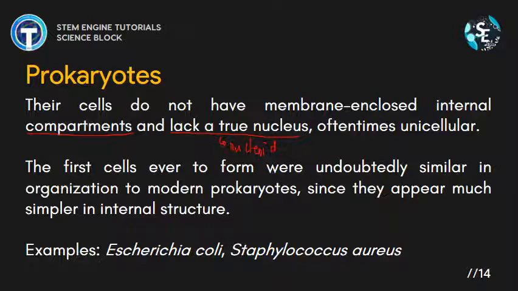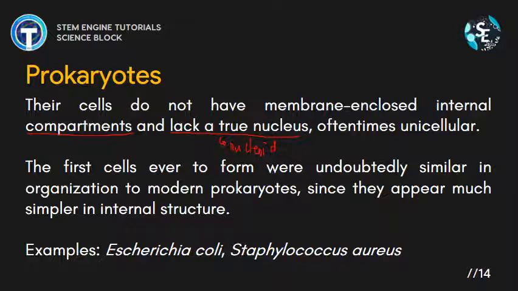Further, they also lack a true nucleus. Makikita natin mamaya dahil ang nucleus lang nila or region kung nasaan ang genetic materials ay tinatawag lang natin na nucleoid. So, ibig sabihin wala silang true nucleus and oftentimes they are also unicellular, gaya nga ng nababanggit ko kanina.